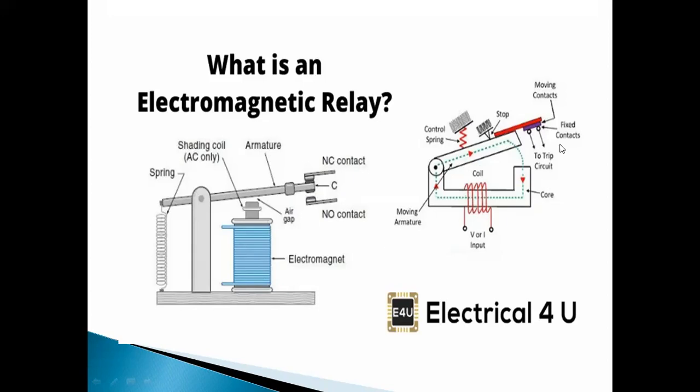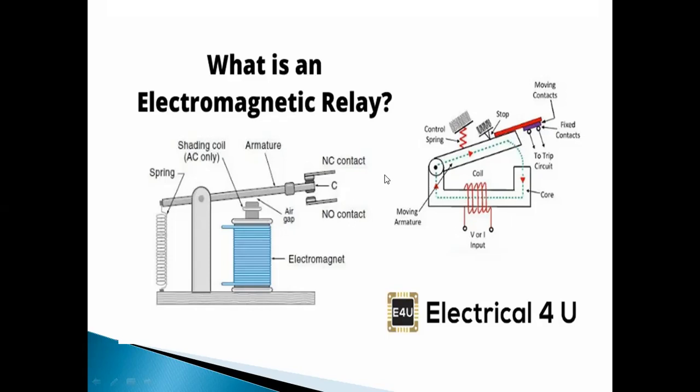So here also it is shown, this is the moving armature, the same as here. This is the operating coil, right? Then the control spring is there, then the contacts here. Okay, moving contacts, fixed contacts. So the same is shown here.